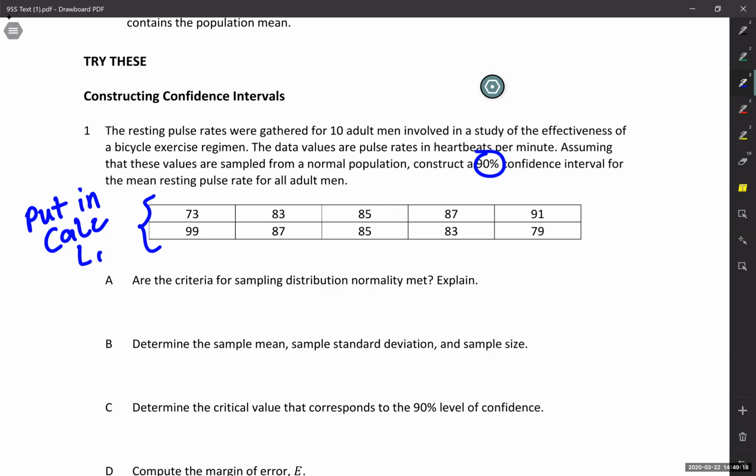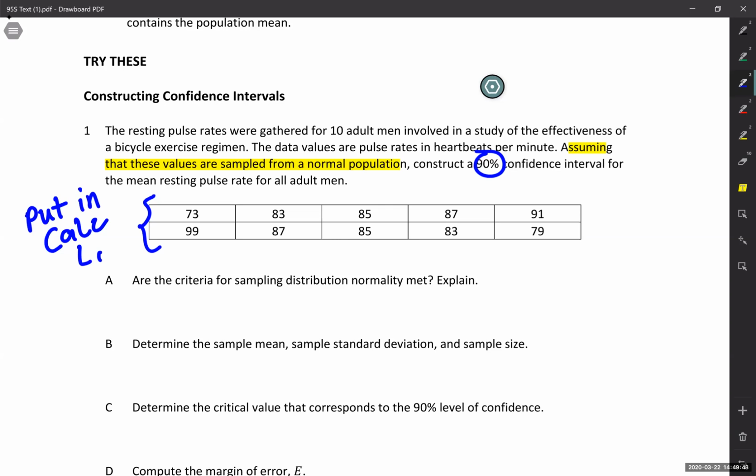So first, are the criteria for sampling distribution normality met? Right here, we have this sentence given, assuming these values are sampled from a normal population. So the two choices are either the sample size is greater than 30, or it's coming from a normally distributed population, just like we were talking about in chapter 7.